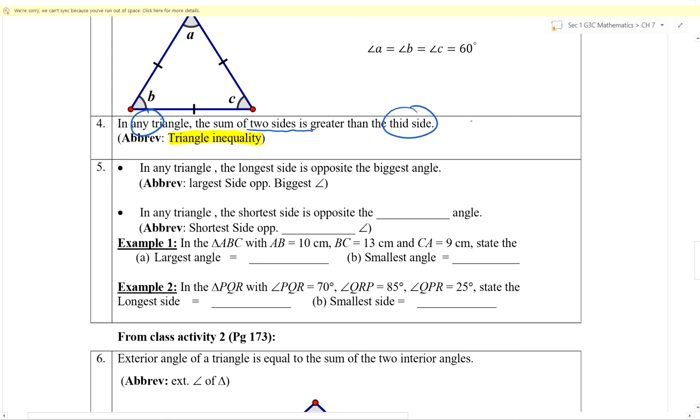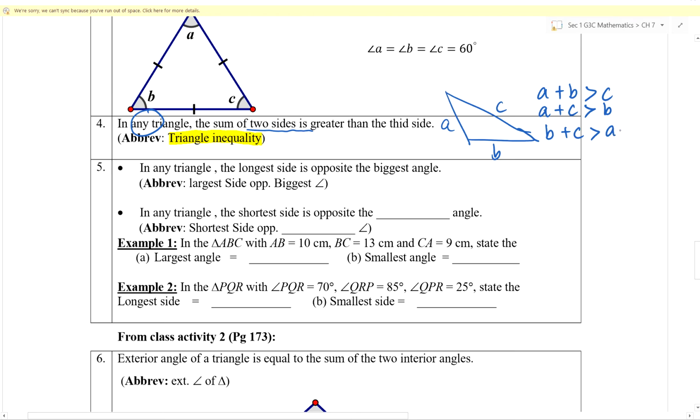Okay, so for example, if I have a triangle that looks like this, A, B, and C, if I randomly choose two of the sides, for example, A plus B, the sum of these two sides must be greater than C, definitely. What other options are there? We've got A plus C, it must be bigger than the other side. We've also got B plus C must be greater than A.